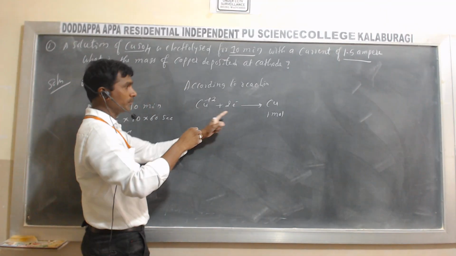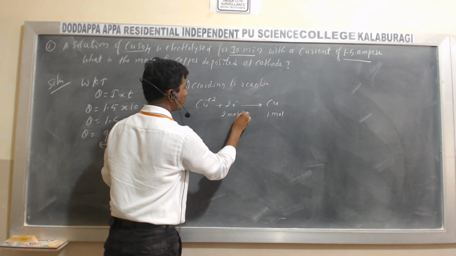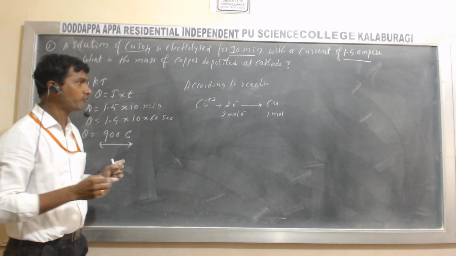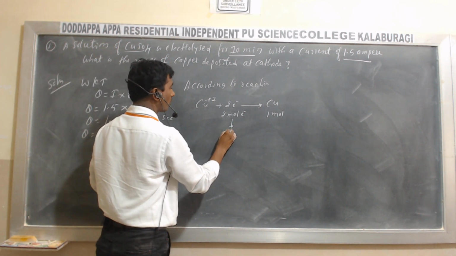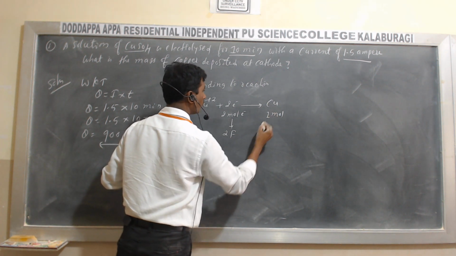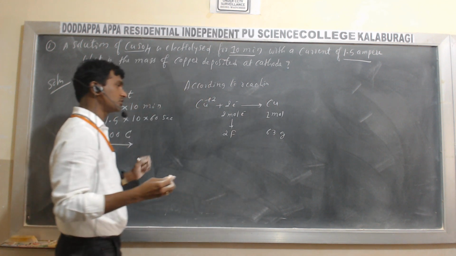So the formation of 1 mole of copper requires 2 moles of electrons. 1 mole of electrons is equal to 1 Faraday, so 2 moles of electrons is equal to 2 Faraday. 2 Faraday gives 1 mole of copper, which is 63 gram.